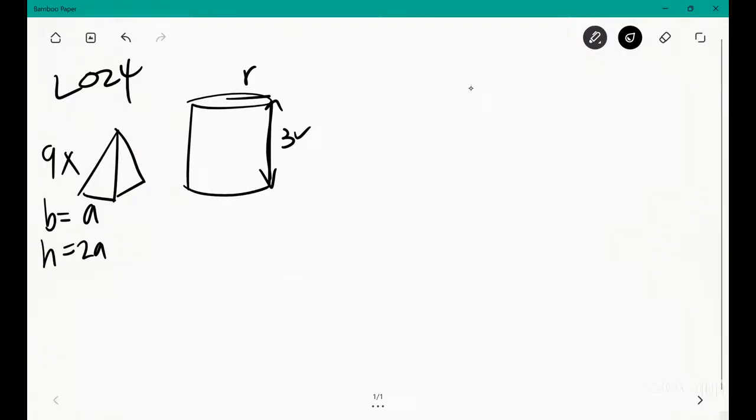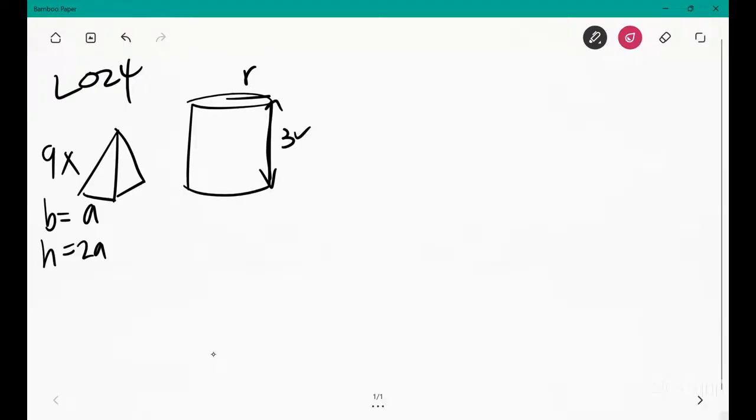So they're saying these 9 metal pyramids have been melted and made into a cylinder without wasting. They're asking you to show that A cubed is equal to pi over 2 R cubed.